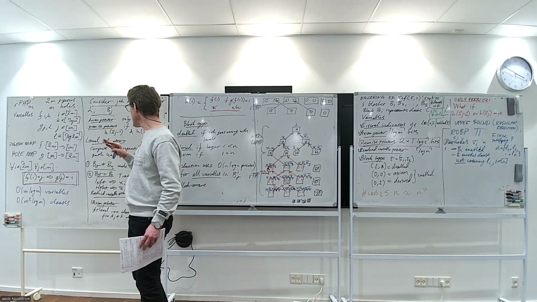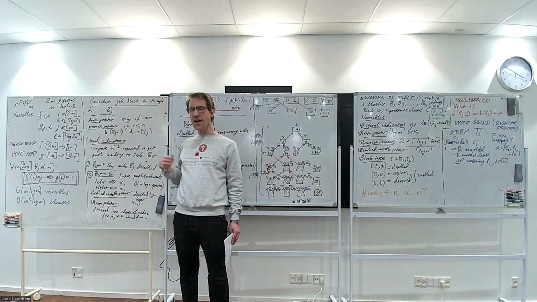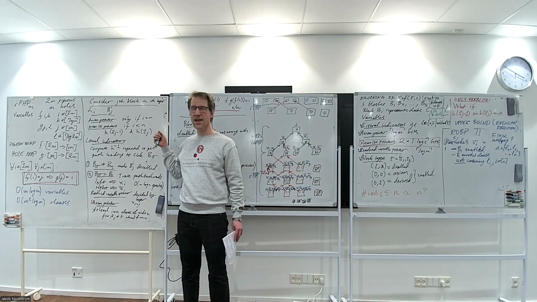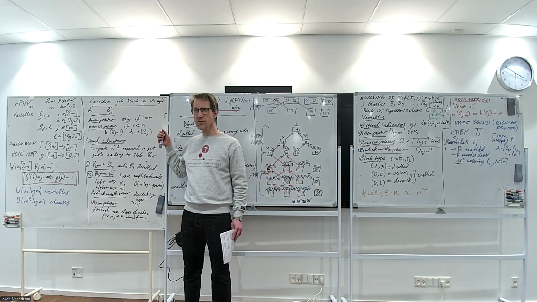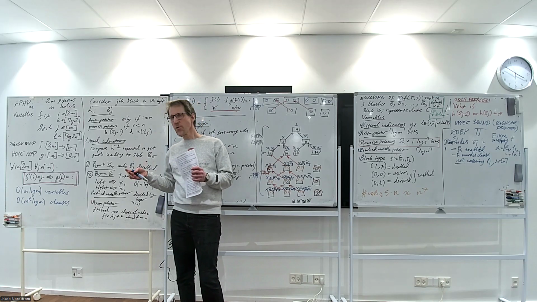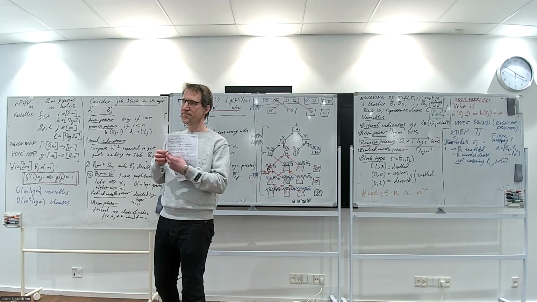We need to define not a decision tree reduction, but an algebraic low degree reduction. It's going to be the same, except that these functions f are going to have the property that when you look at the polynomial representation, it's going to be derivable in low degree in Nordström.